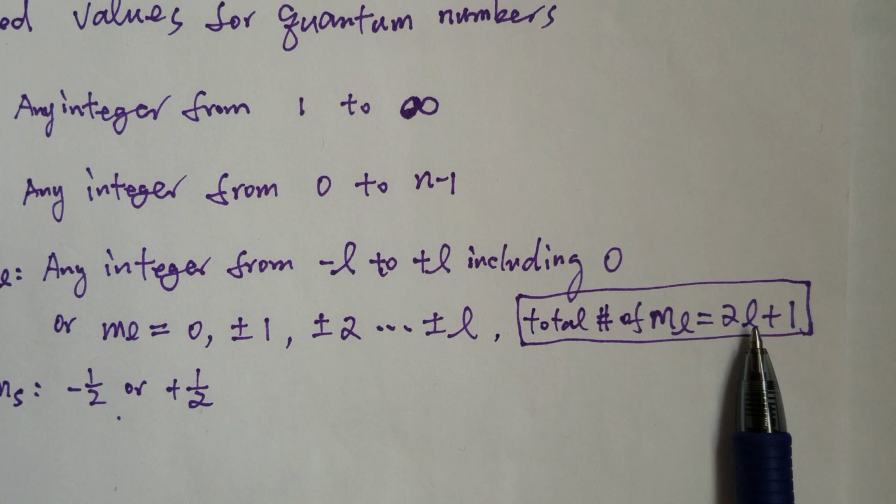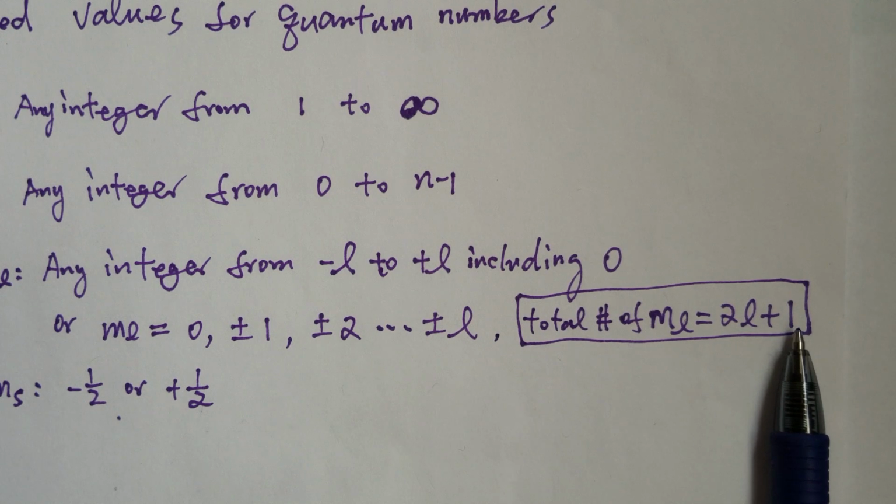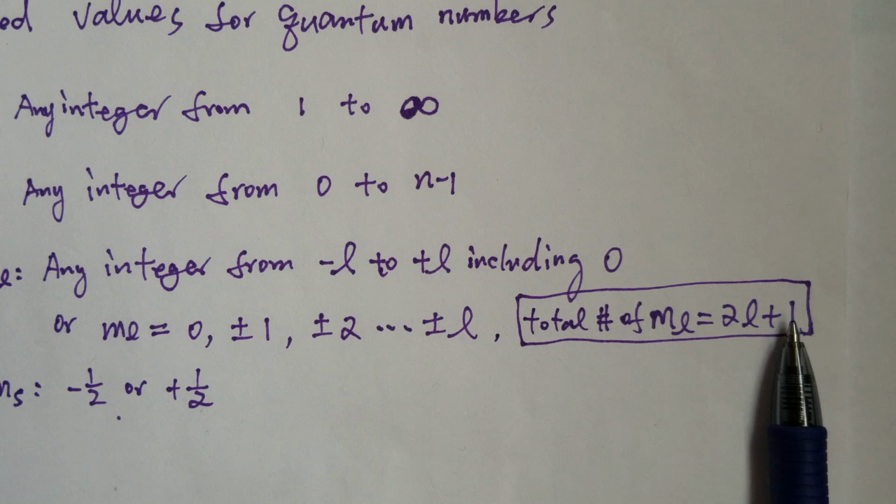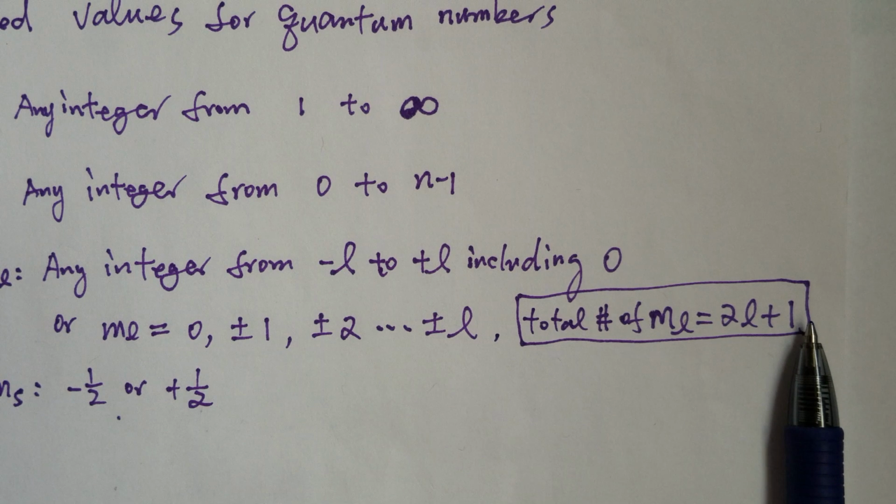If L equals 0, that should be just 1, which is the s subshell. L equals 1, 2 plus 1, that's 3, p subshell, and so on and so forth.